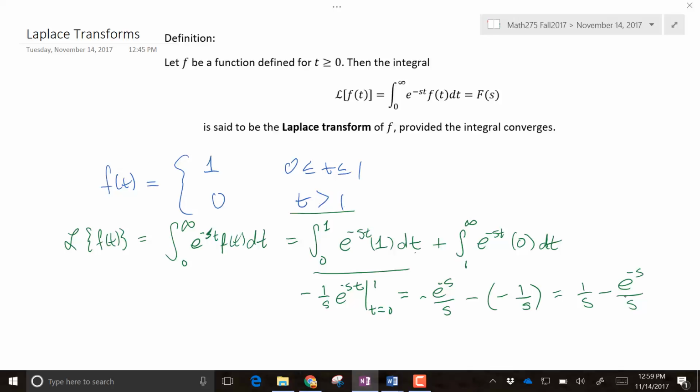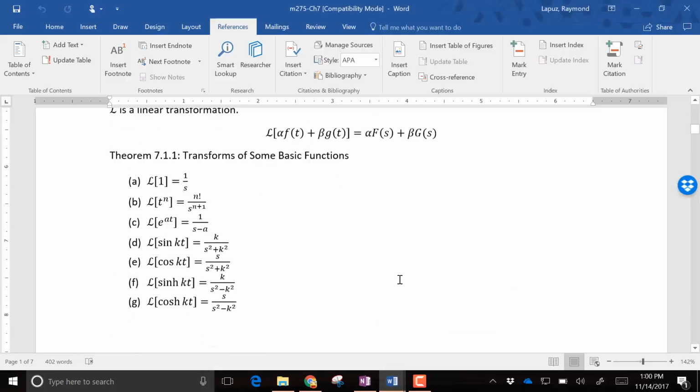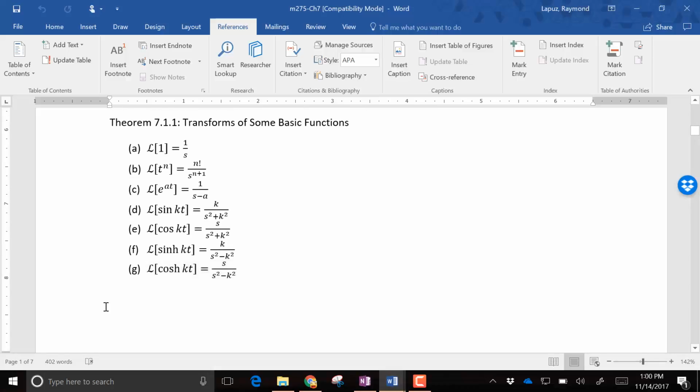Now, this is for piecewise functions. We have a bunch of other functions that we could deal with, and it turns out that we have Laplace transforms for some basic functions. Constant function, we saw that already. T to the n is a little bit more complicated. If you do t squared, t cubed separately, you can kind of see a partial integration by parts process happening here.